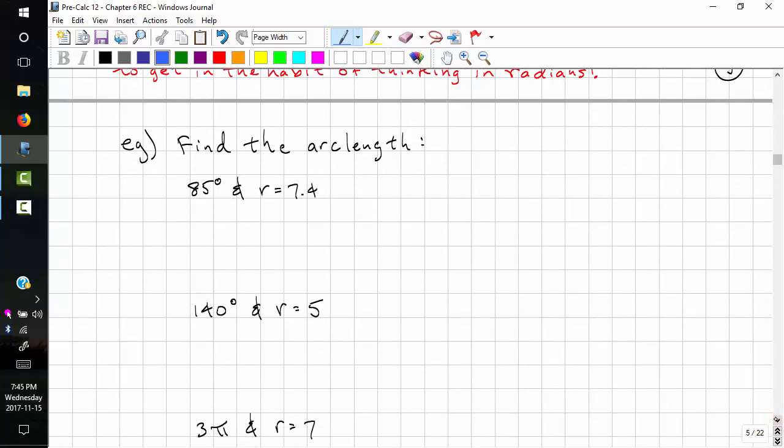Here are some problems where we need to compute the arc length. It's a measure of length, so it means we need units.